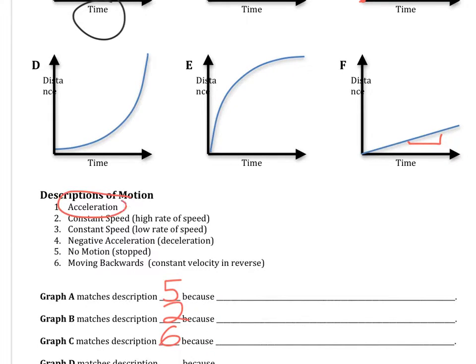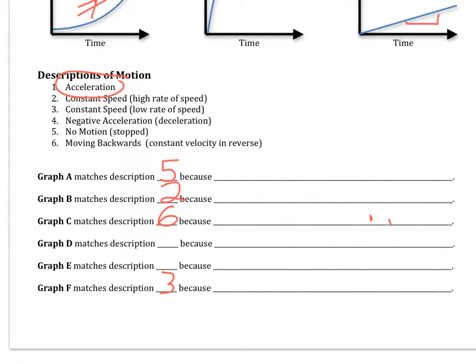So in this case, because the line is a curve, the speed is not constant. So I will write it here, speed is not constant. Okay, so therefore we know that there's acceleration. So for graph D, our description is 1.